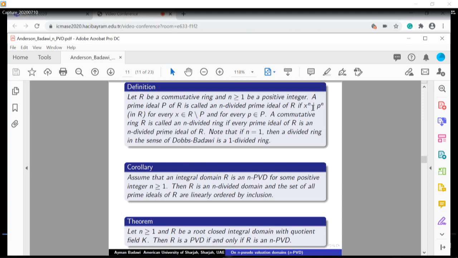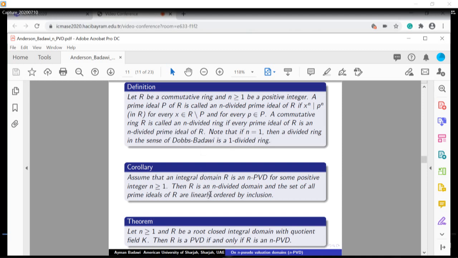Note, if n equals 1, then we already studied this class. In fact, David E. Dobbs studied divided domain, and then I generalized this to a divided ring. So if n equals 1, we already have this class, we call it divided ring.